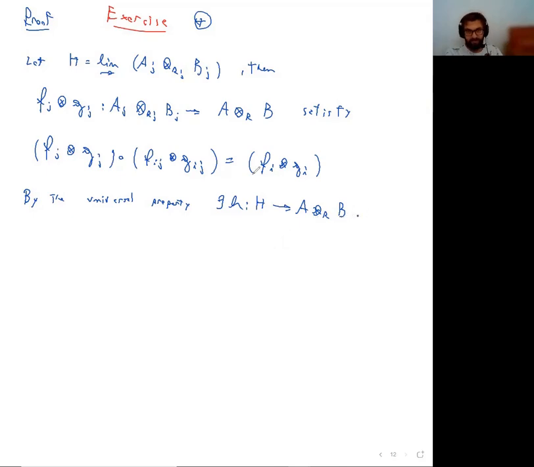Okay, it factors this map. And the idea, we want to construct an inverse. So we take theta_i to be simply the map from the sum into a tensor product.